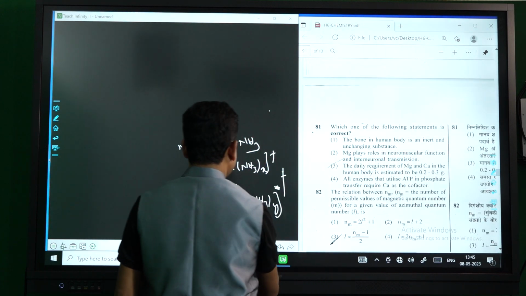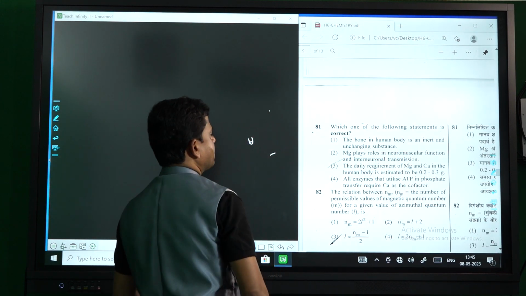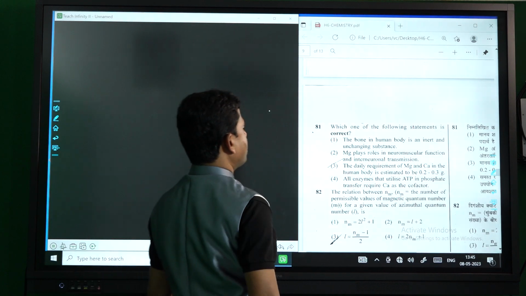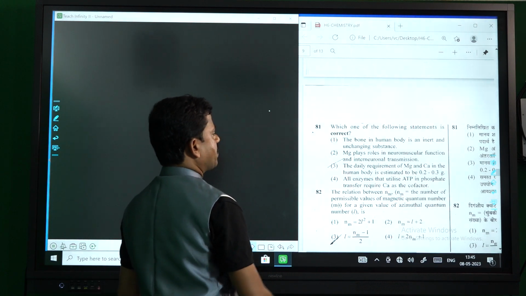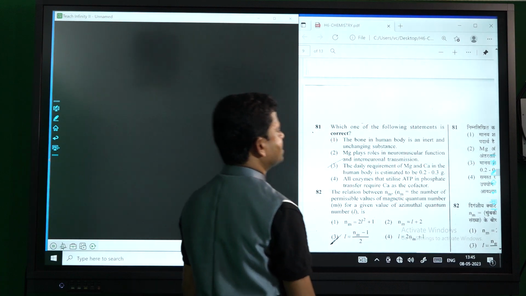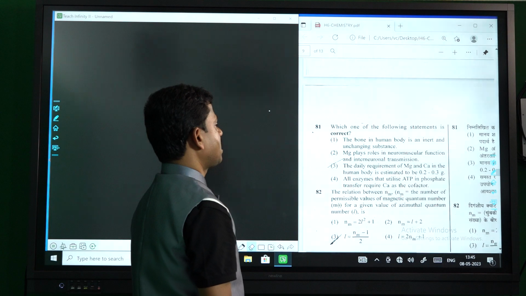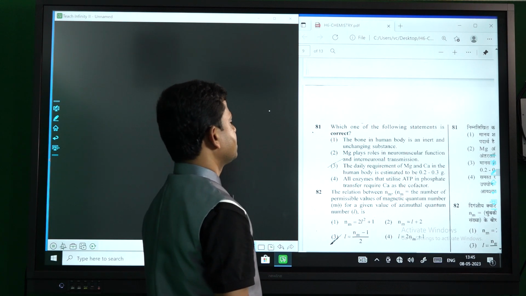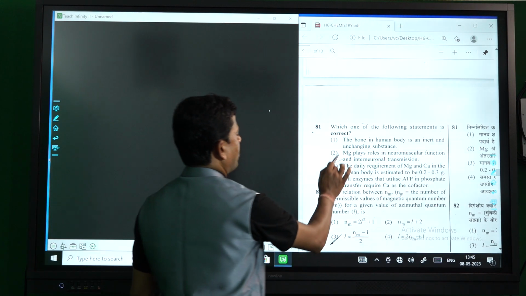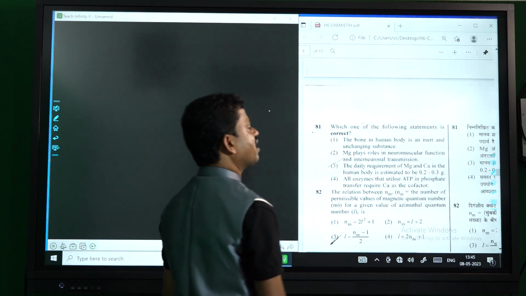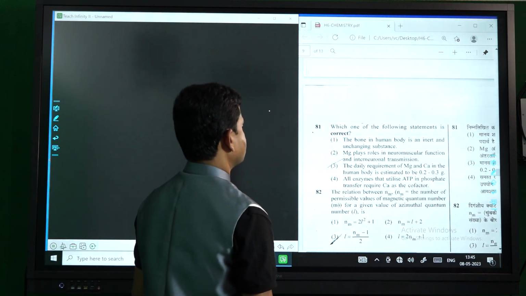Question number 81. Which one of the following statements is correct? The bone in human body is an inert and unchanging substance. That is incorrect. The bone in human body is not an inert and unchanging substance.